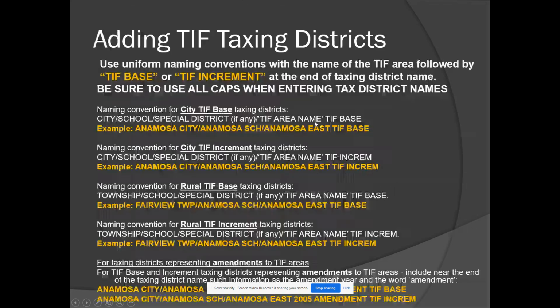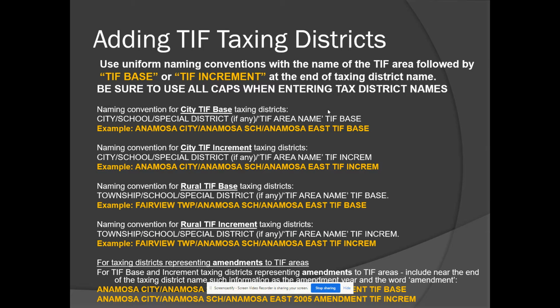When you're adding TIF taxing districts to the system, we do ask that you use uniform naming conventions with the name of the TIF area followed by TIF base or TIF increment at the end of the taxing district names. For example, if we have a city TIF base, you would have the example as follows: Anamosa City, Anamosa School, Anamosa East.